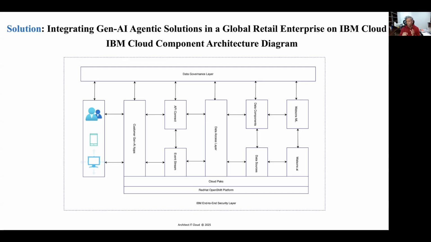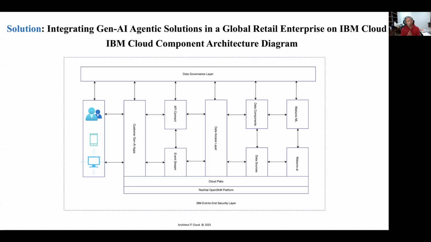And once after consuming the application data, you pass it to the event stream, or it can get the real-time data from the customer, and the event stream service will help you to receive those real-time data and pass it to the data access layer. So the data access layer will receive all the data, and as we saw in our previous slide, the services that we took to store the data, organize the data, analyze the data, curate the data, all those can be achieved with the help of these data components and data sources.